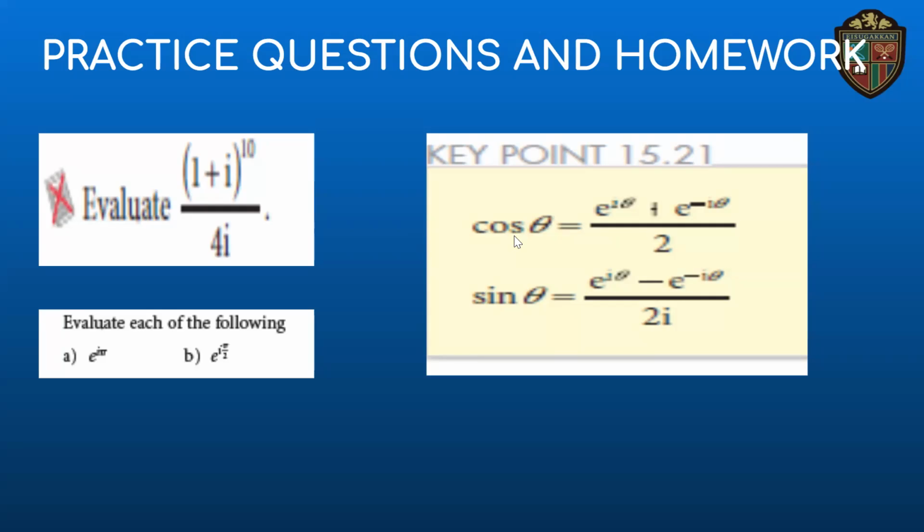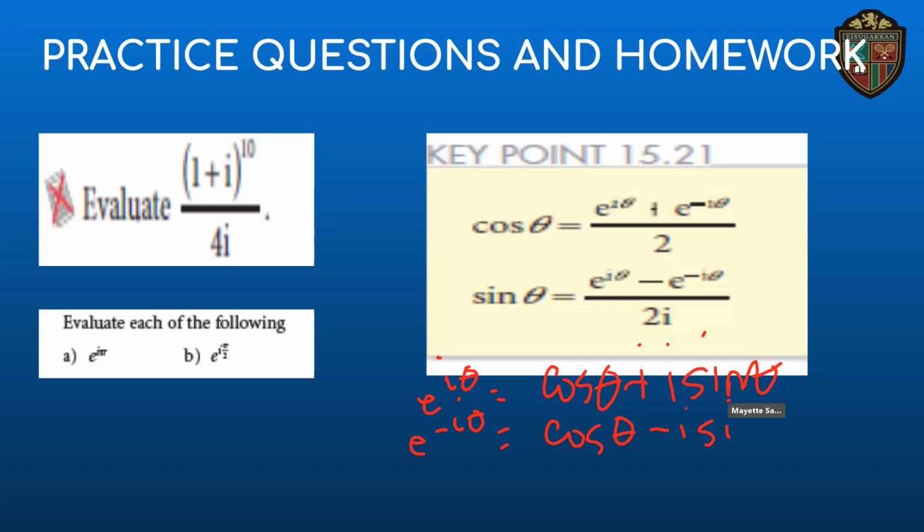So for that part, cosine theta is equal to e^(i theta) plus e^(-i theta). Now, we know that e^(i theta) is equal to cosine theta plus i sine theta. Equally, e^(-i theta) is just equal to cosine theta minus i sine theta.